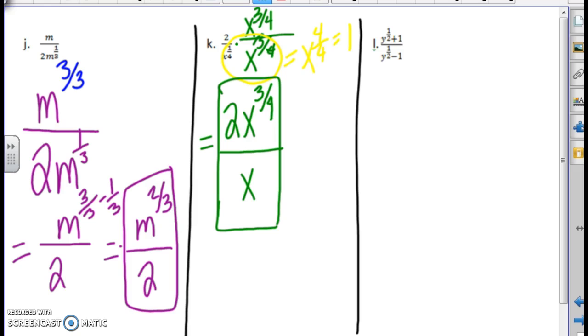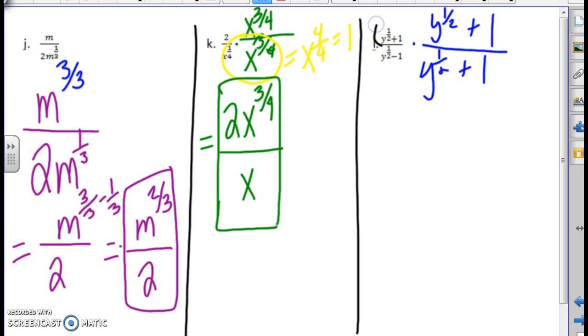Okay, on this last one here, same idea as what we used before. You're going to use a conjugate here, and so you're going to have y to the 1/2, you guessed it, plus 1 over y to the 1/2 plus 1. And basically that's based on the denominator being a subtraction problem.